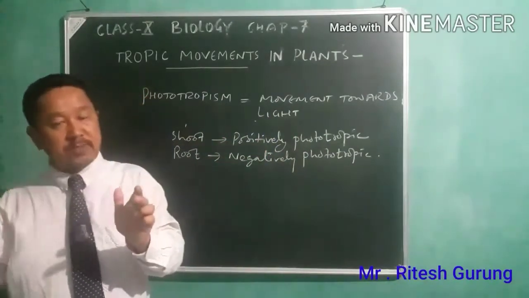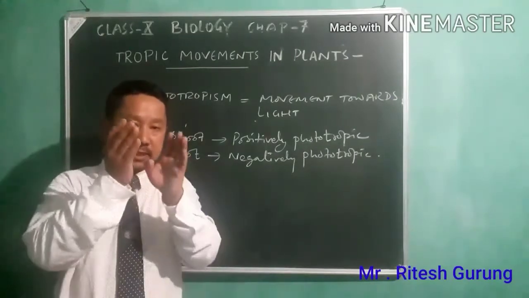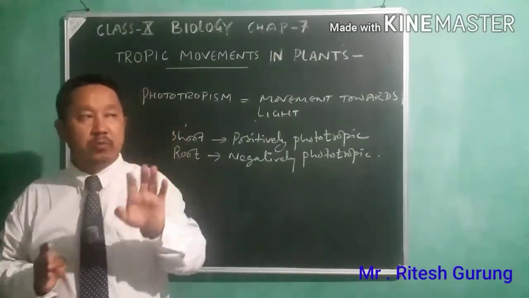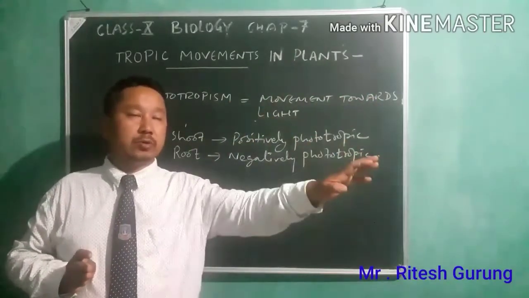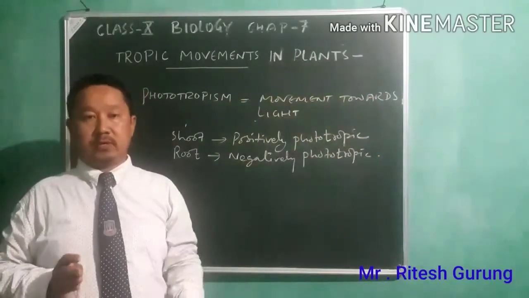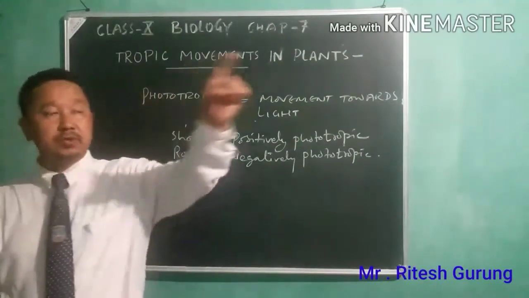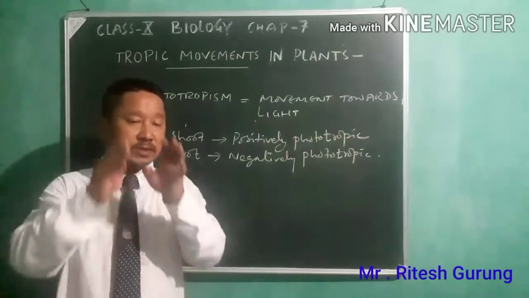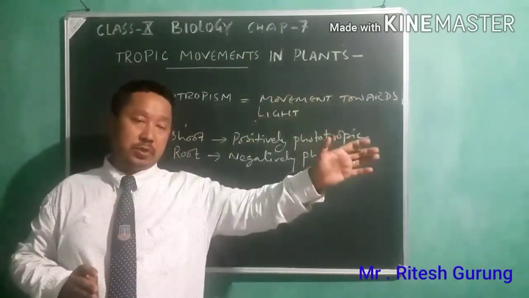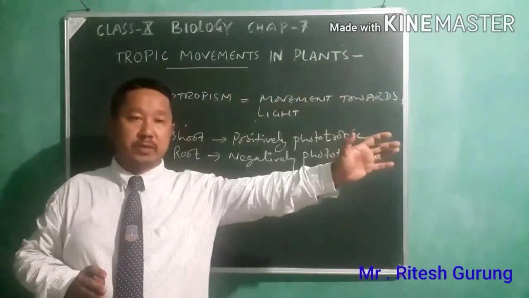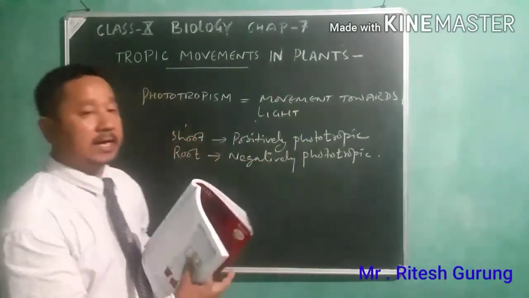After some days, when you see that plant, you see the shoot system again moving towards the source of light, moving towards the window from where the light is coming. That means you see the shoot system turning towards the source of light, which means that the shoot system is showing response to the light, which is positively phototropic, which is also shown in the diagram in your book.